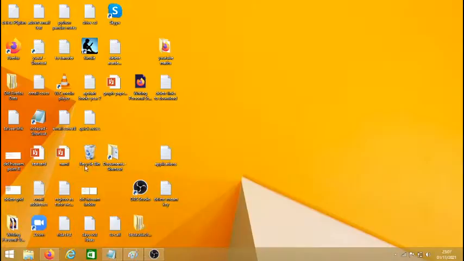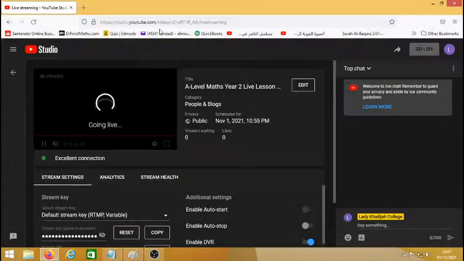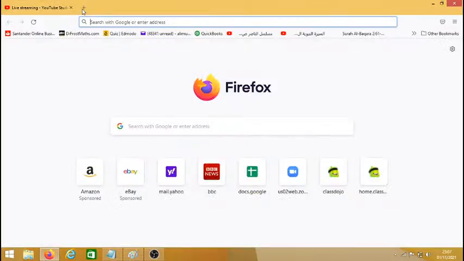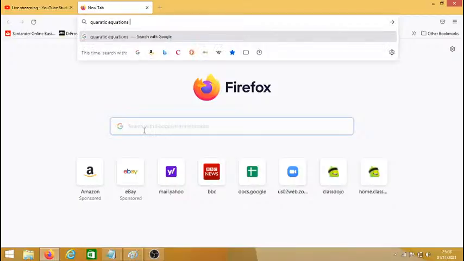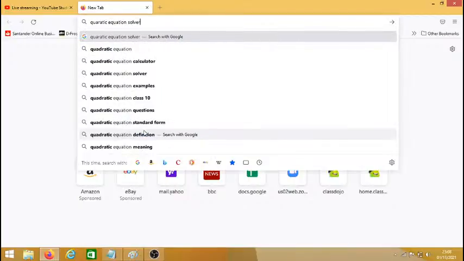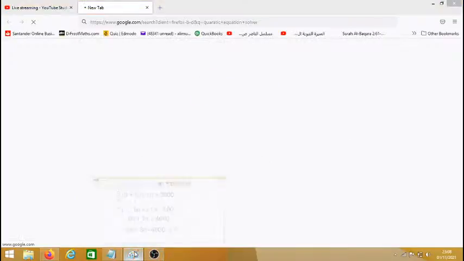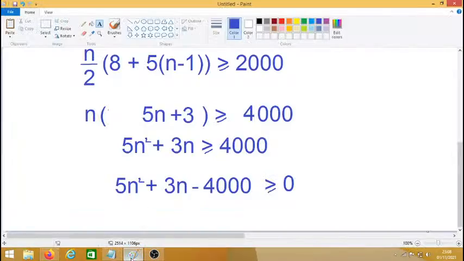In this case, I'm going to just use something online, which is a quadratic equation solver. My coefficients are 5, 3, and minus 4,000.